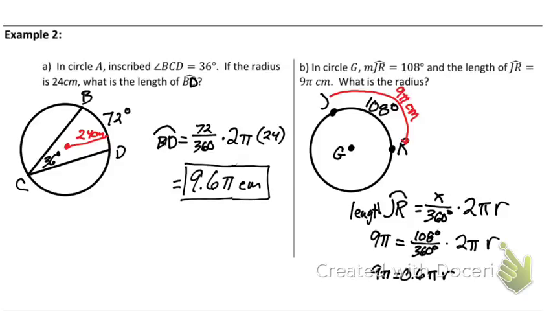Well, we're going to divide both sides by 0.6 pi, so our pi's will cancel out. So we just have to do 9 divided by 0.6, which Sabrina already said is 15 centimeters. It comes out to 15 centimeters.